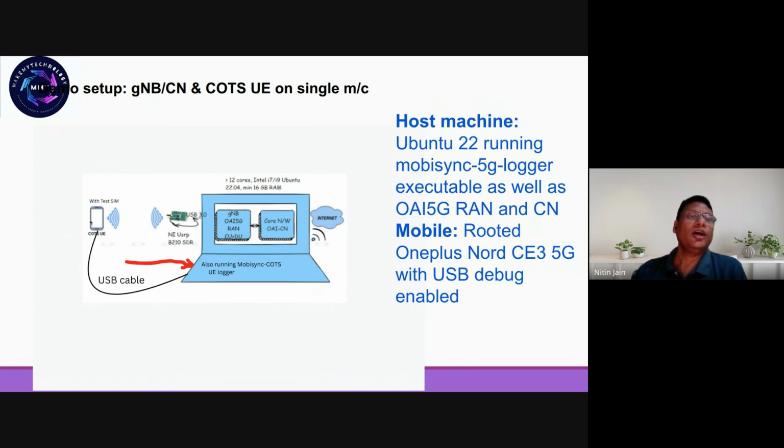And then this is the COTS mobile, a OnePlus mobile. I have put the test SIM here, which has programmed parameters matching the core network. To use our software, I connected it to the same host through a USB cable.